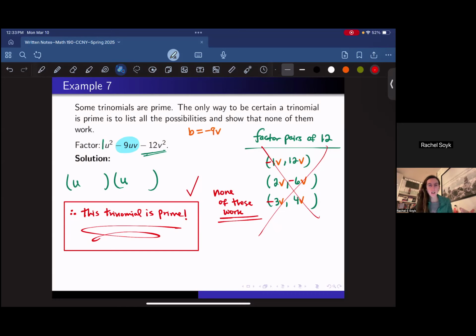But we haven't gotten to that point. We're just learning about our special factoring tools. And in an instance like that, where we need to utilize our special factoring tools and methods, we would not be able to in an example like this. Hence, we have a prime trinomial.